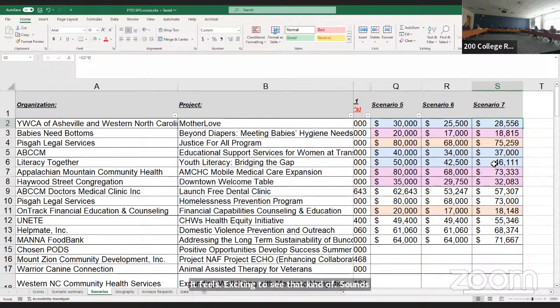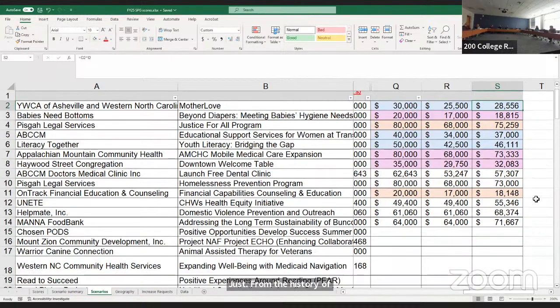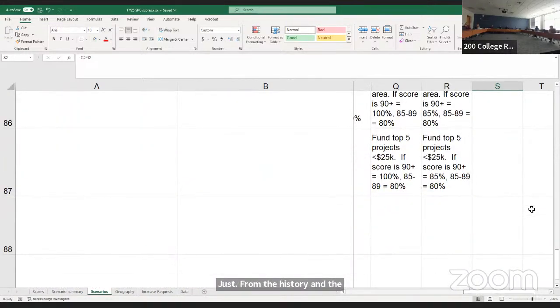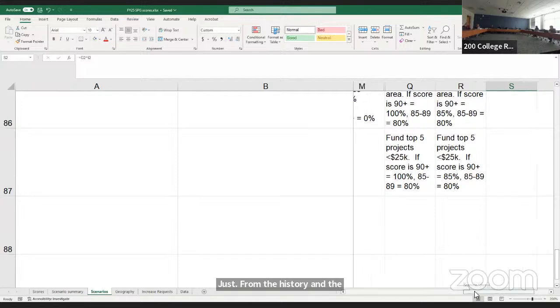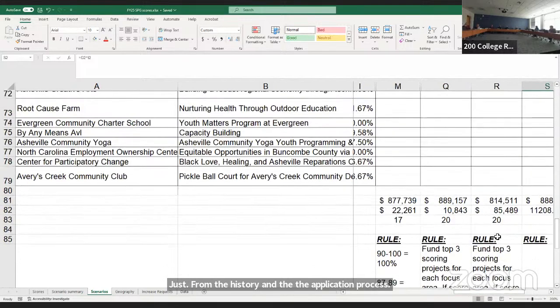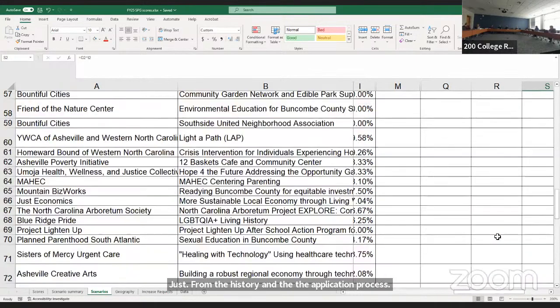So I just wanted to say that. And segue on that a little bit, just from what I've heard from the history and the evolution of the scoring process, the application process itself, each year has been leaps and bounds. And this only being my second year, none of these scenarios even cross my mind. It's been exciting and it's good.